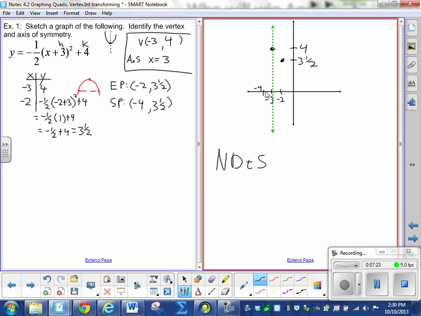And I also know since it's symmetric, that's going to go up to 3.5 also. That's what I was doing in my head on the other side of the slide. And that's your graph.